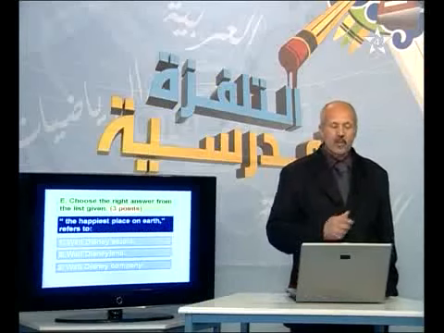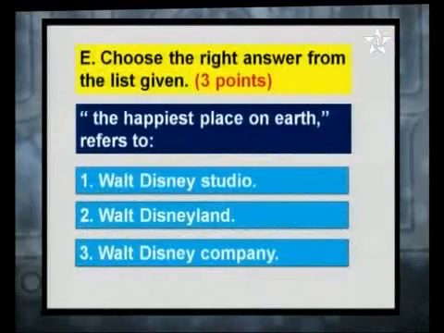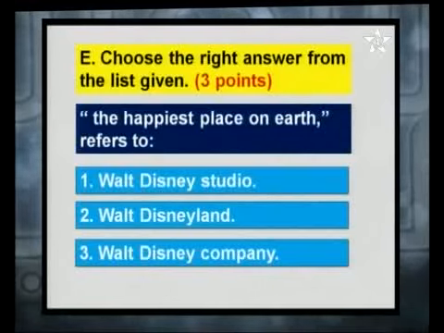Next question, and the last one. Same thing, choose the right answer from the list given. It's a multiple choice question. It's 3 points, meaning you get 1.5 points for each correct answer. The happiest place on earth refers to Walt Disney Studio, Walt Disneyland, Walt Disney Company. Again, we don't have a direct answer here.